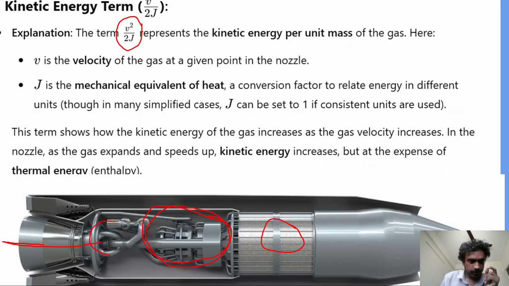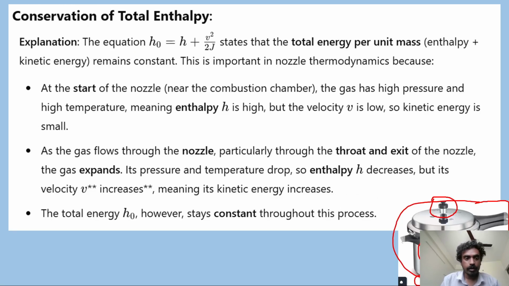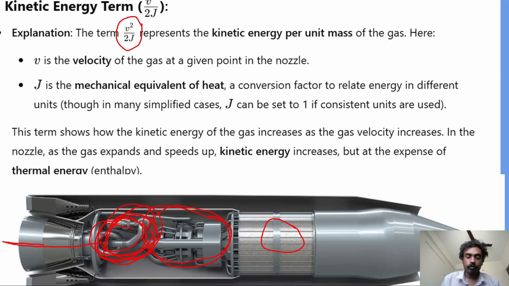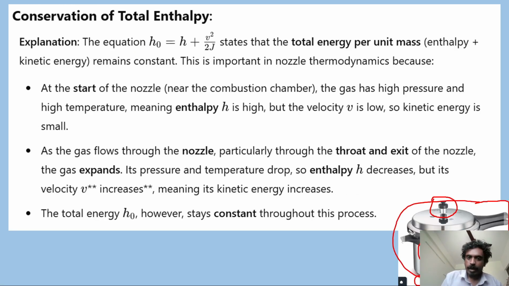The pressure is very high because it is heating up due to the fuel. Temperature is high and pressure is also high. Velocity is low because you are not allowing the gas to move. Enthalpy is very high, velocity is low, kinetic energy is small.